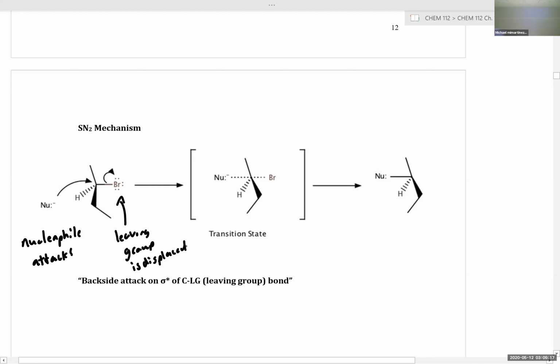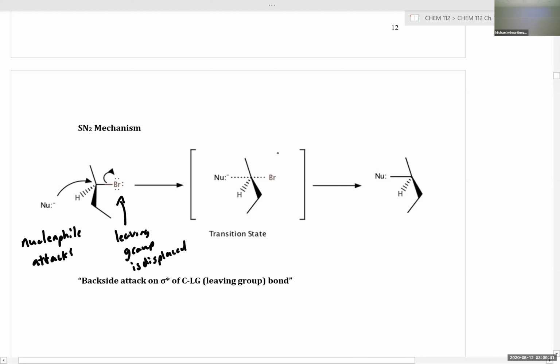Now, as a transition state in this reaction, we have the following transition state where our carbon nucleophile bond is forming and our carbon leaving group bond is breaking.